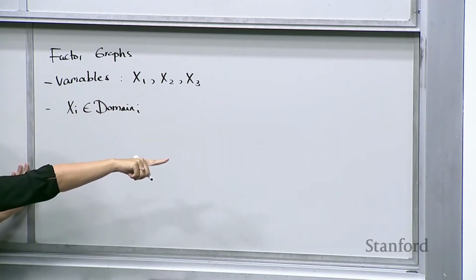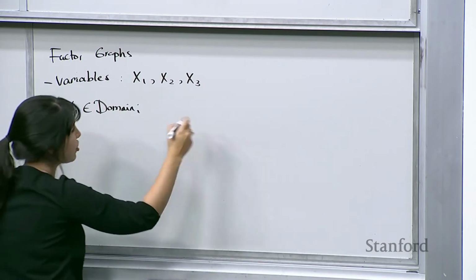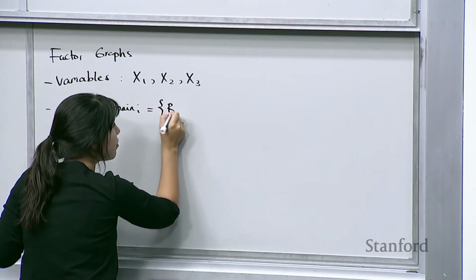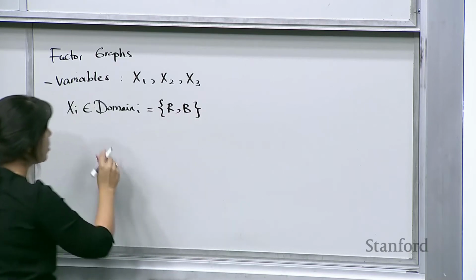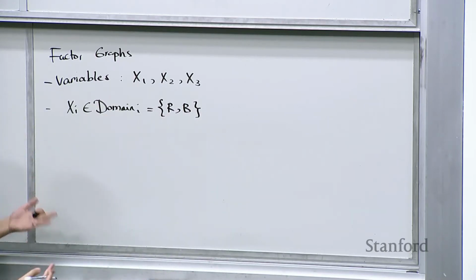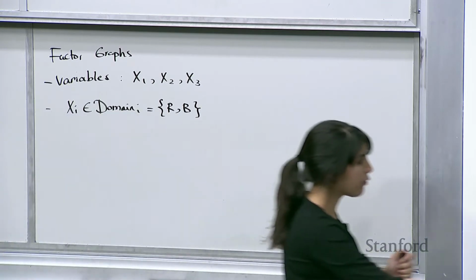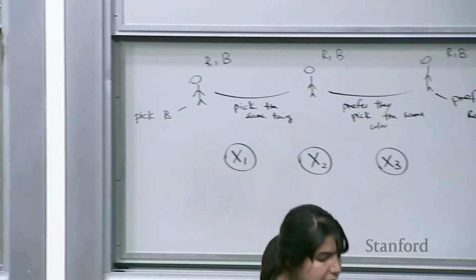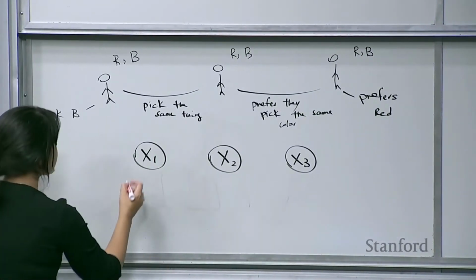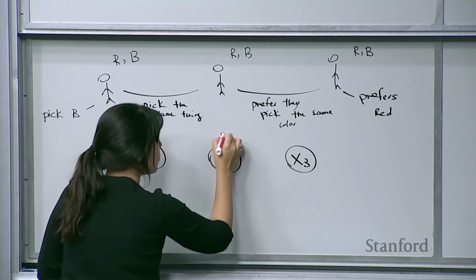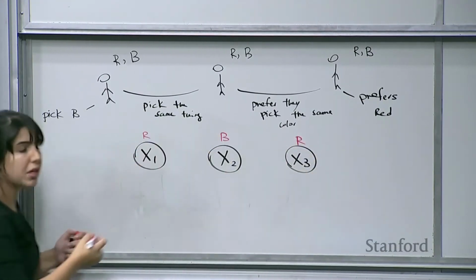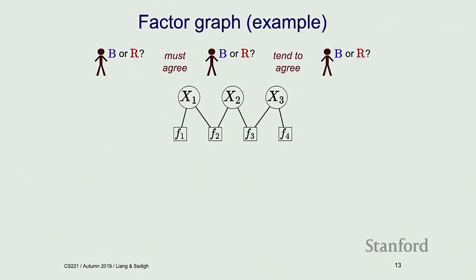In this particular example, the domain is just red and blue. And if I pick a value for them, if I come in and say, well, this guy picked red, this guy picked blue, and this guy picked red, then I'm giving an assignment. So that's called an assignment.